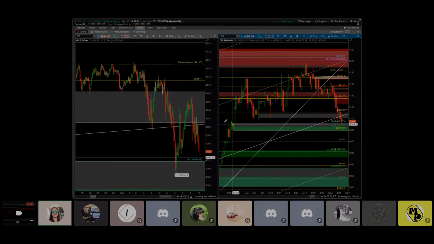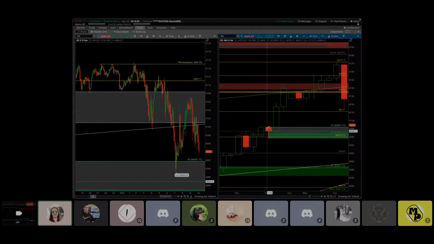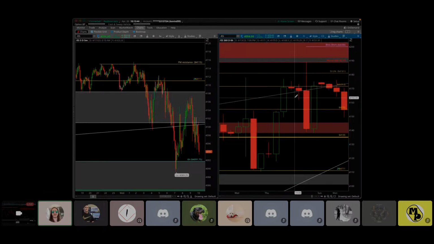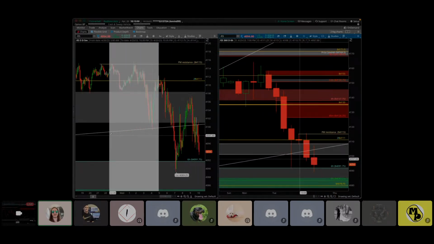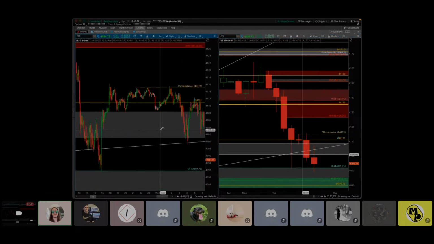Like this 6 hour right here was really nice because it was a red basing. Look at that wick on the bottom, no wick on top, and then boom, big rally, sort of chopped, and it continued. Then what happens as soon as we get into that? Look at that, we wicked this zone right here. Oh wait, it's not even there. It was here.